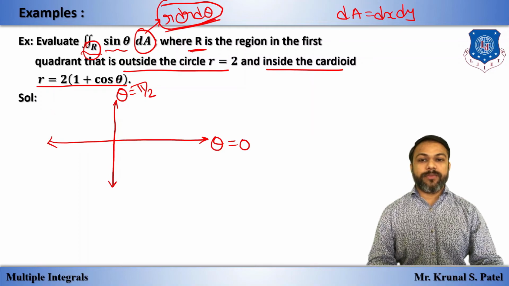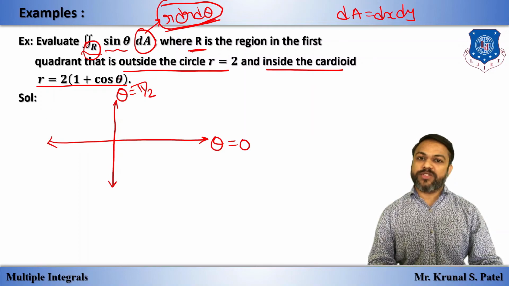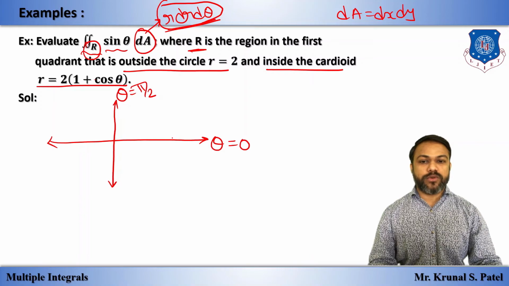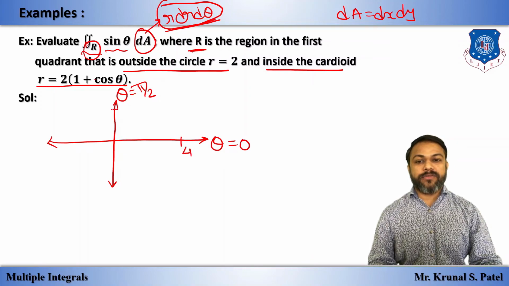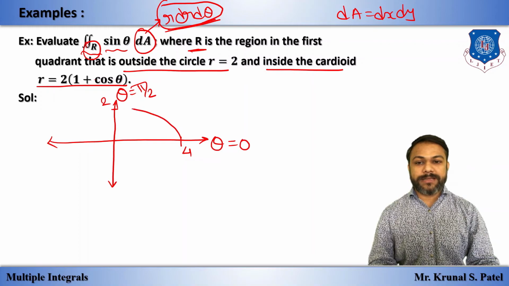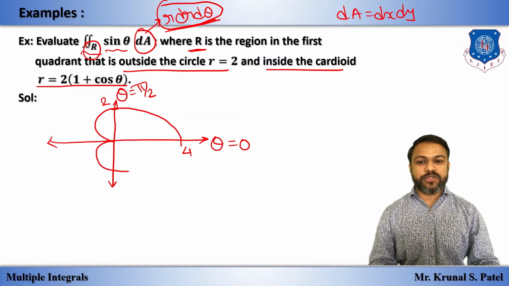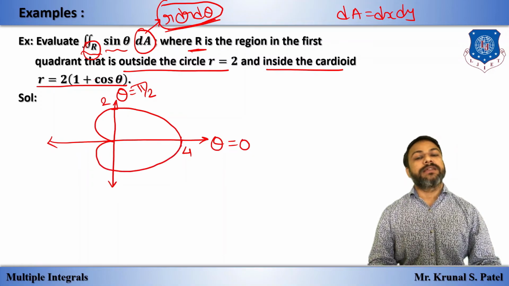Now, if we put theta equal to 0, cos 0 is 1, so 1 plus 1 is 2, 2 twos are 4, so r is equal to 4 here. And if we put pi by 2, we get 0, so we have 2 here. So the cardioid becomes like this, which is symmetric about the initial line.